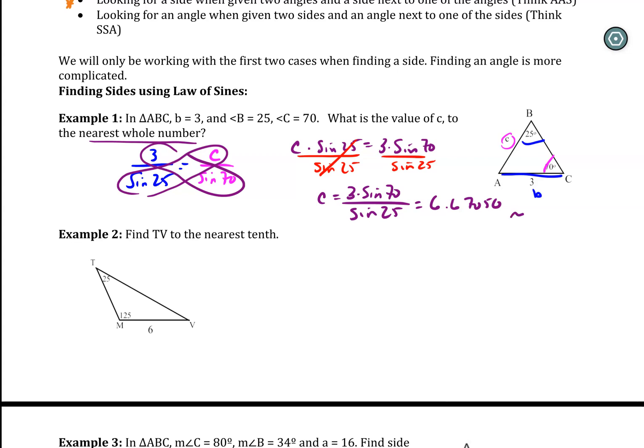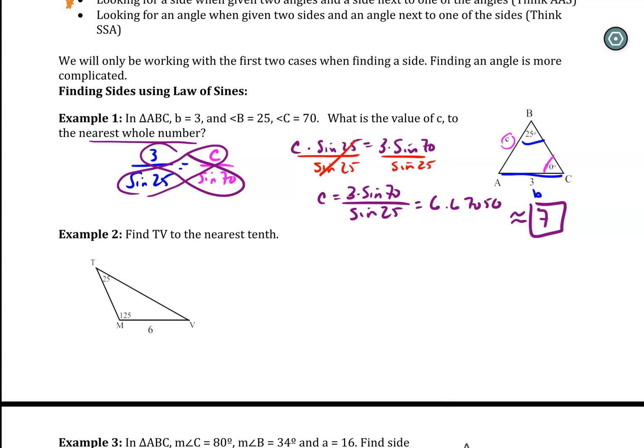So that's going to give me approximately 7 for this one. So you see how we were just able to find that value, even though I do not have a right triangle, which is nice, because otherwise I'd have to break this thing up and make it into two triangles having right angles, and that would just make things a lot more work and annoying.